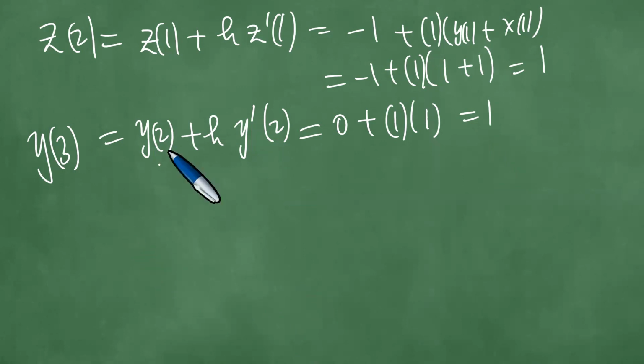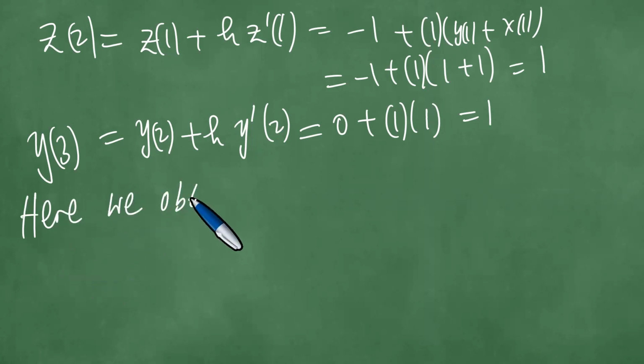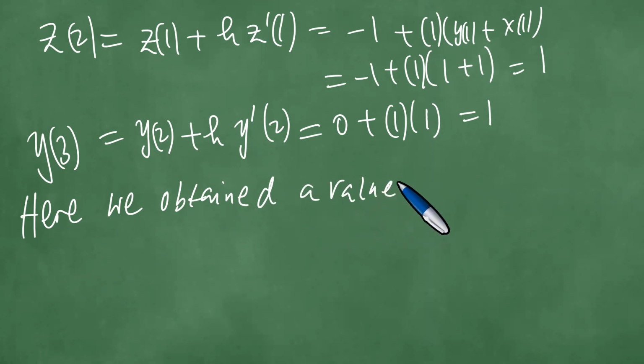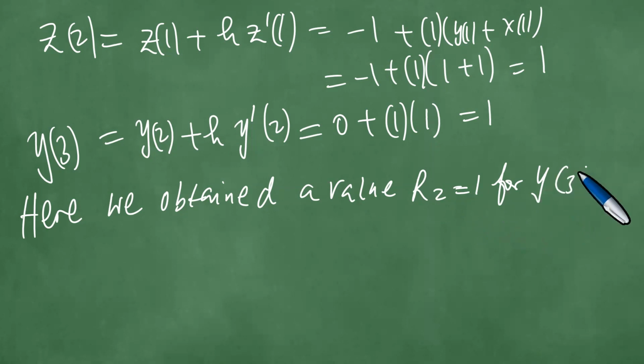So what do we say now here? We obtained a value. We first made a guess and got 1 for y3. We call it R2 for y3.